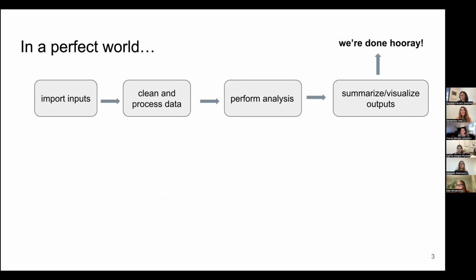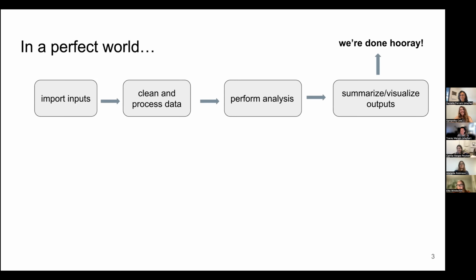So, perhaps some of you are familiar with this kind of workflow process with your projects. In a perfect world, you have some inputs, you import them into R, you clean and process them as you need to, and then you perform an analysis, and then you summarize and visualize your outputs, and then you're done. You have a paper, it's published in Nature, and it's great.